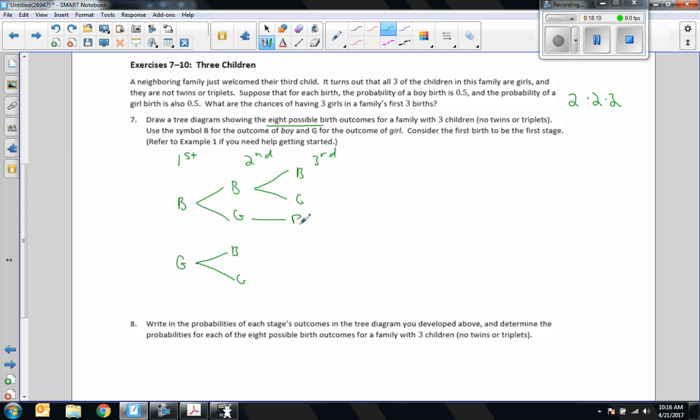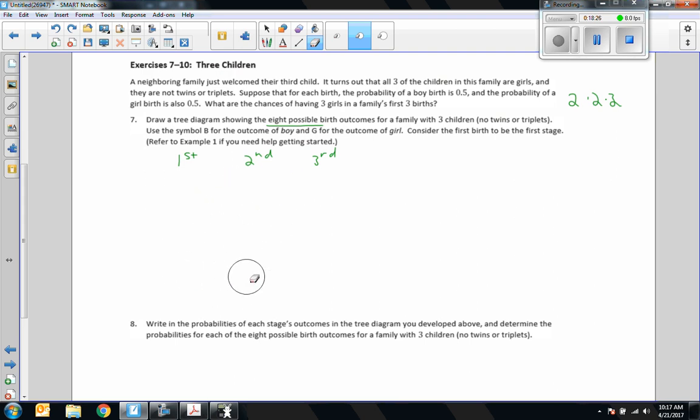Actually, I can still do this. B, like this, G, and this will be B, and this will be G. I don't like this, so let me just draw it better. Okay, maybe if I start at the end, it'd be easier. I know there's going to be a boy, girl, boy, girl. There's going to be 8 outcomes. This is a little bit tough to write in this space.